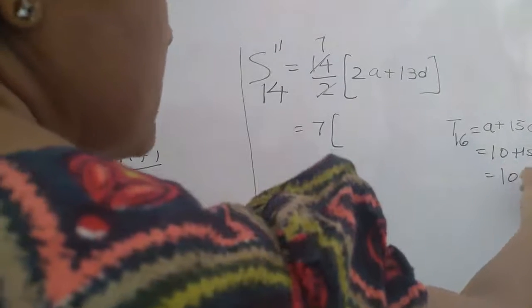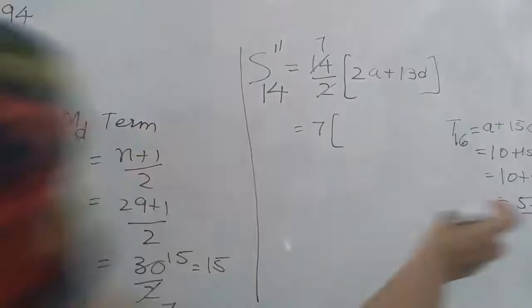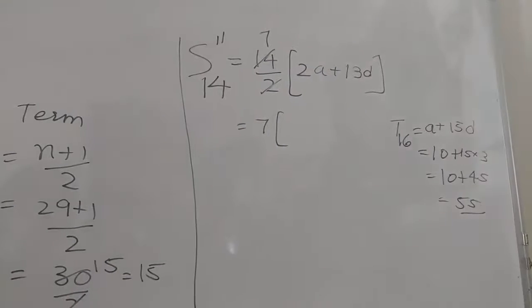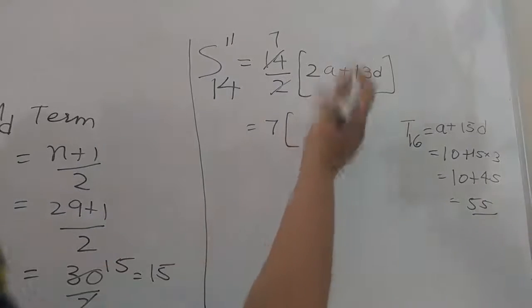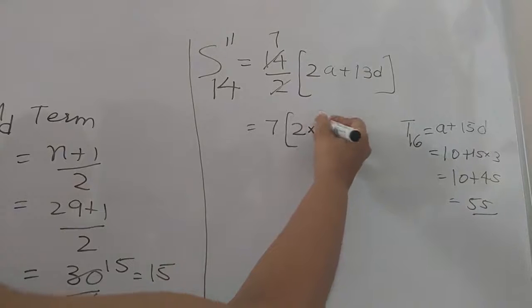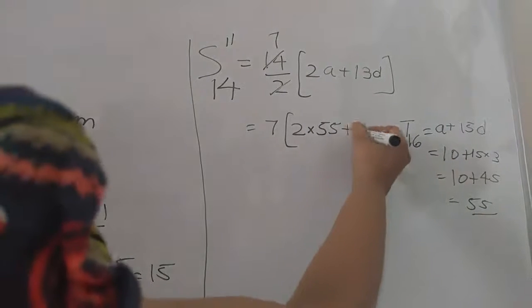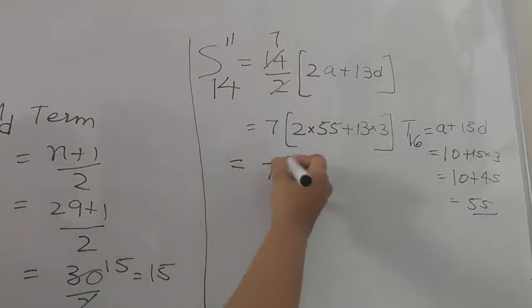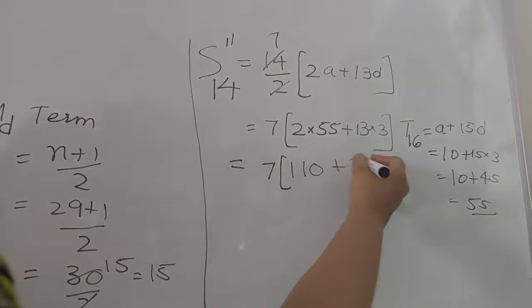So 10 plus 15 times 3 is 45, which is equal to 55. This value is our T55 value, and T16 is our first term here. Now I will substitute it here instead of a, plus 13 into 3, that is as it is. So 7, 55 into 2 is 110, plus 39.